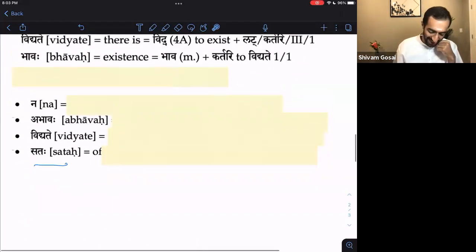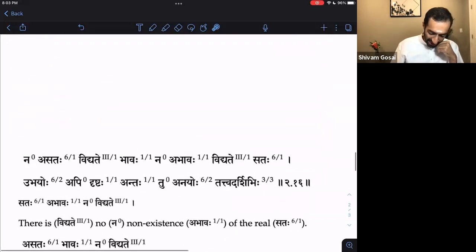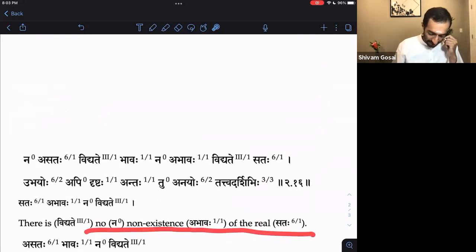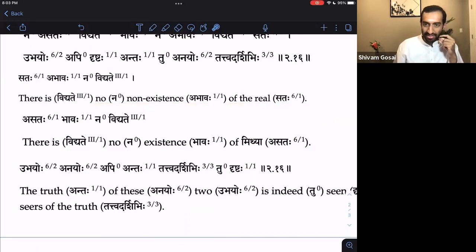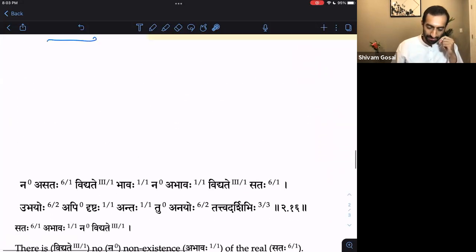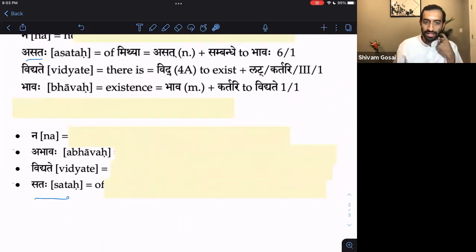Now, same thing with this sentence here. So here's that first sentence. There is no non-existence, no, this one. There is no existence of asat. Asat being mithya. We haven't seen mithya yet, but there is no existence of mithya, of asat. Now, this first part of the sentence, though, which we haven't seen, nasato vidyate, or sorry, the second part of the sentence, nabhavo vidyate sataha.